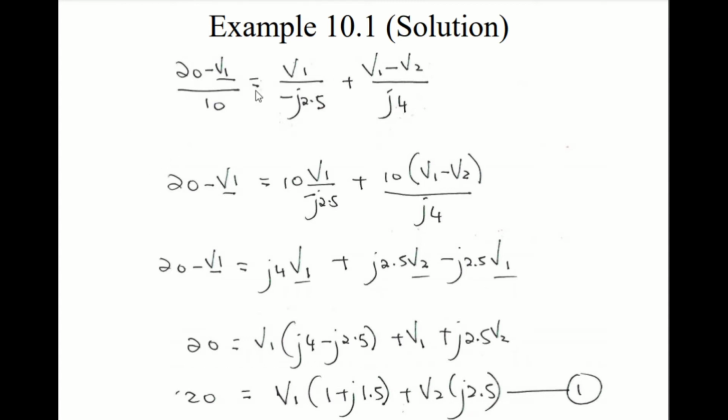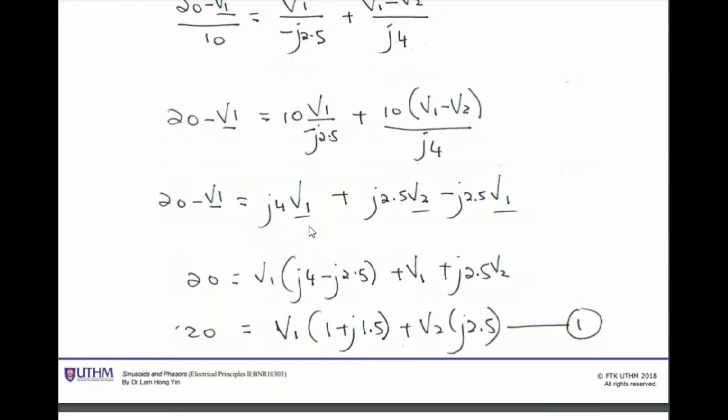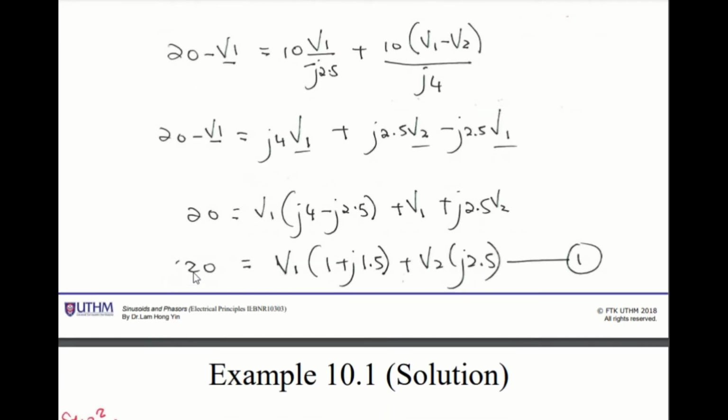So after you get all these values, you can simplify. First you move this value over here, 10, to the right side, and then you do the addition and subtraction over here, and you get this value.